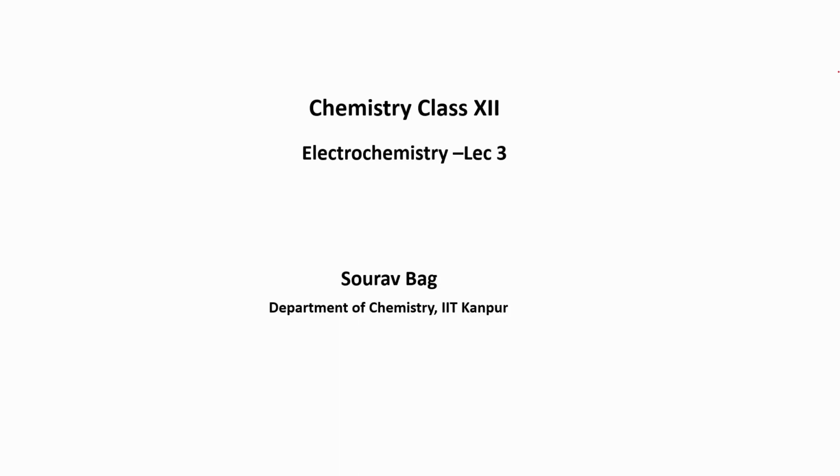But first, let me revise what I taught in the previous class about the Nernst equation. We took a galvanic cell, copper plus 2 copper and zinc to zinc plus 2, like that.